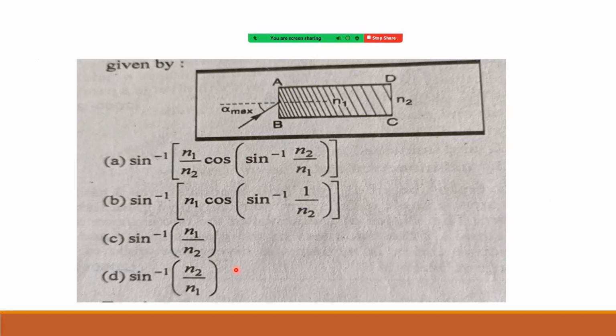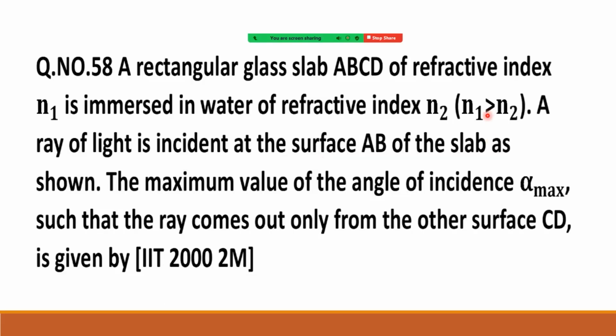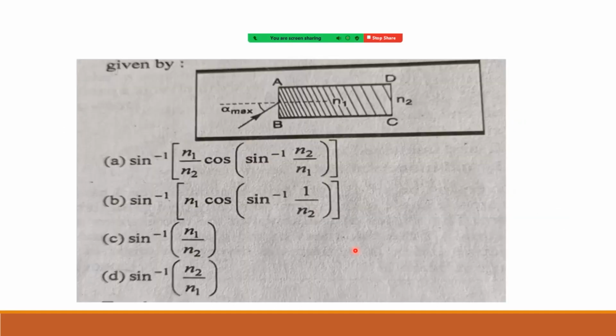It is now diagram. Light ray is incident from this medium. This is N2. And condition is that N1 greater than N2, maximum value of angle of incidence such that the ray comes out only from the other surface CD. That means when this reflects, when this is incident on AD, it should not come outside. That means it has to reflect completely.